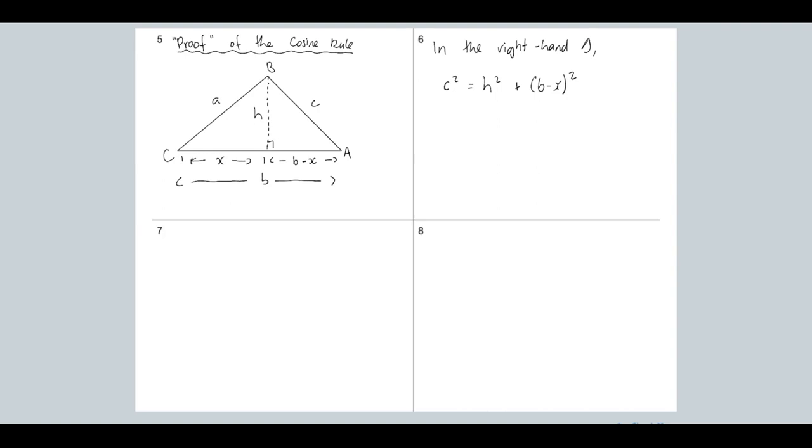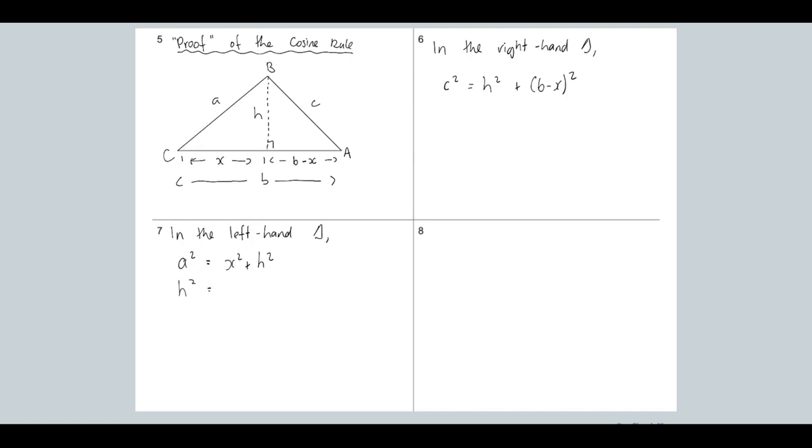So in the left-hand triangle, what have we got? We've got, oh hang on, I'll do it in two steps. We've got a squared is equal to x squared plus h squared. That's Pythagoras' theorem because they're just right-angled triangles.